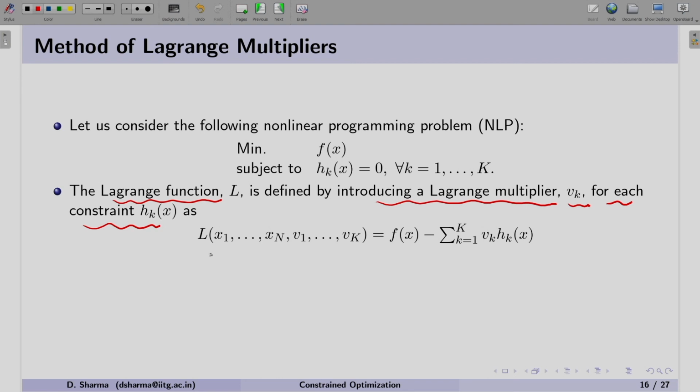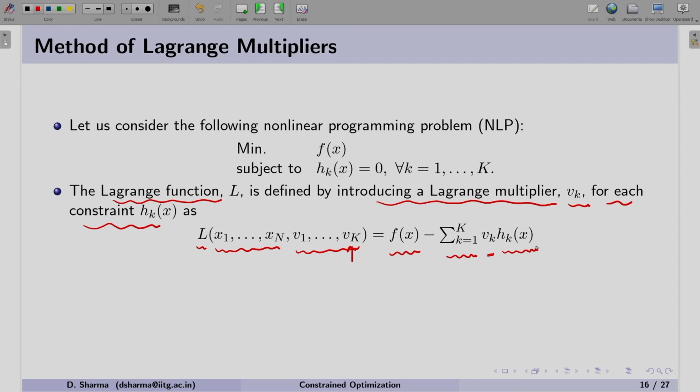The Lagrangian function is made of the variables x1 to xn and the Lagrangian multipliers v1 to vk. We have k constraints as of now, so we have introduced that many Lagrangian multipliers. On the right hand side of the equation, we have the function minus a summation, which means that we are multiplying the Lagrangian multiplier with the equality constraint.